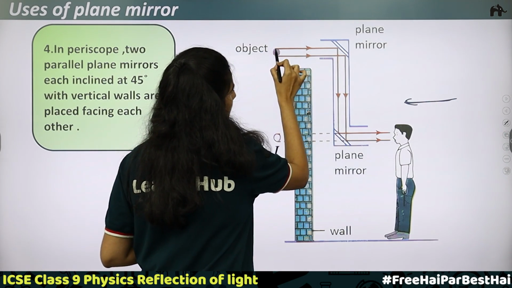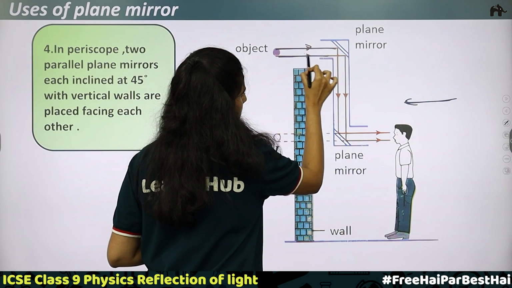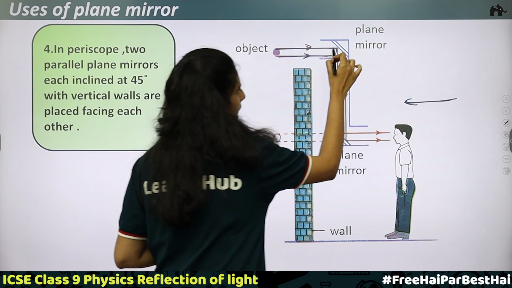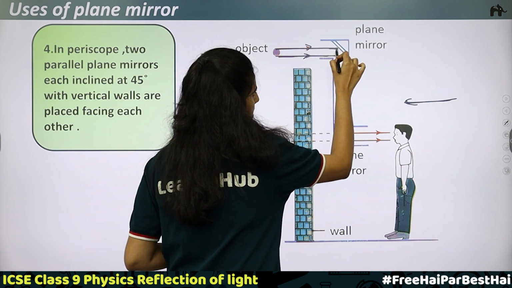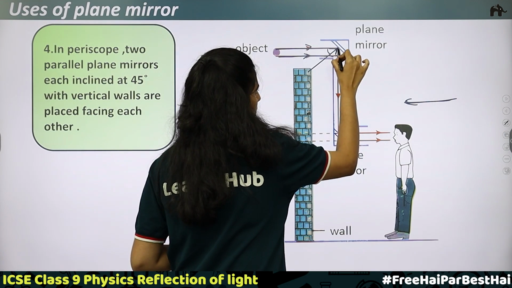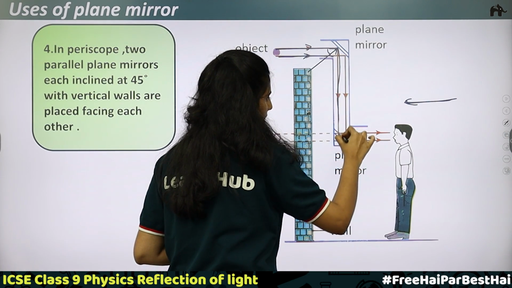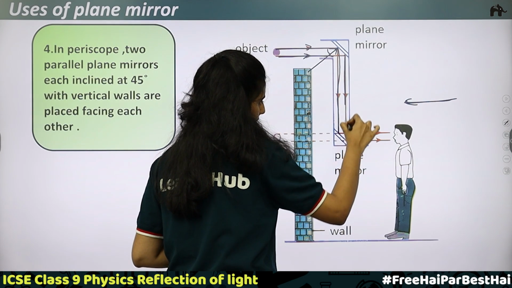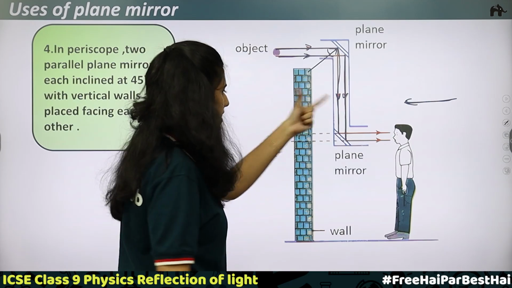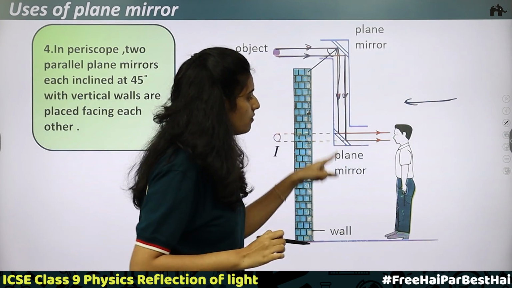The light rays from the object will strike the first mirror. The angle of incidence will be 45 degree, and the angle of reflection will also be 45 degree. These reflected rays will now act as incident rays for the second plane mirror.